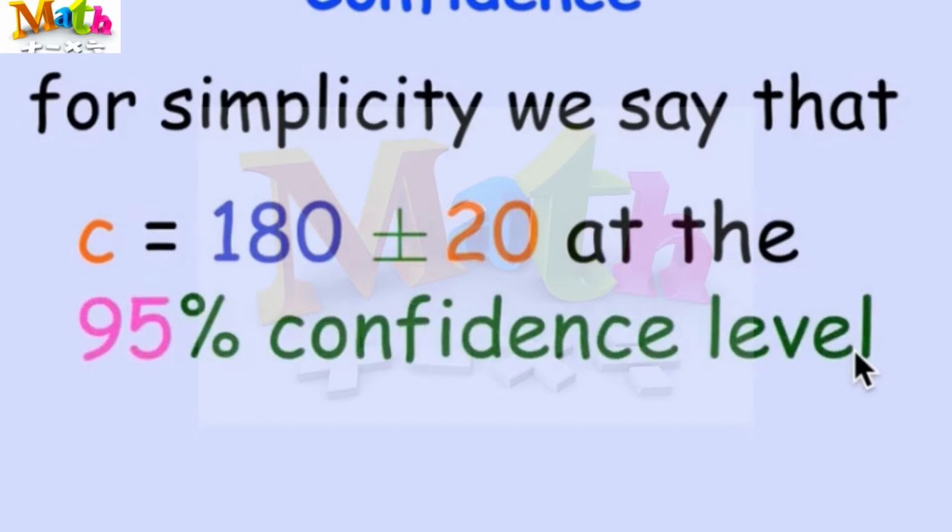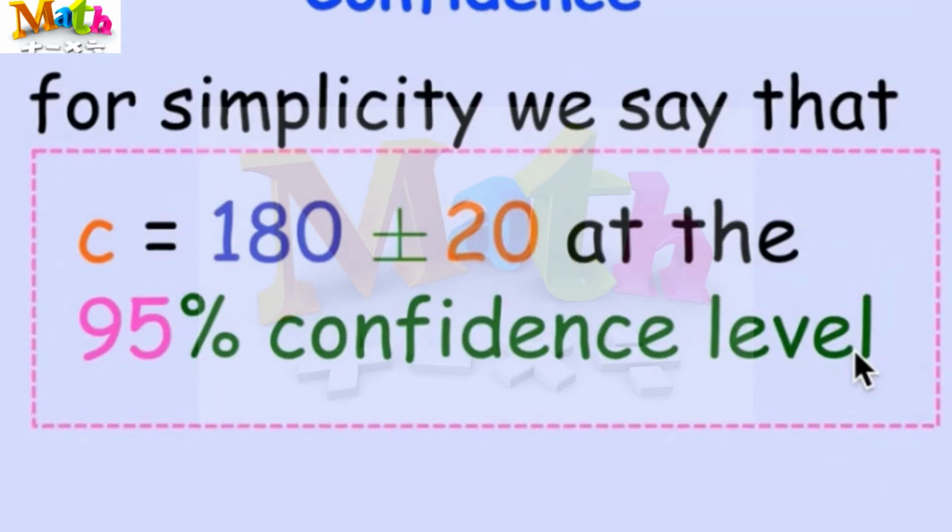So instead, we summarize the story about how we measured C using a probabilistic process that's right 95% of the time by saying that C is 180 plus or minus 20 at the 95% confidence level. That's a shorthand way of saying we've got this process that we believe in that measured this unknown quantity and told us what it was.